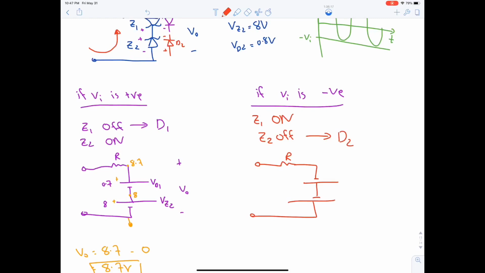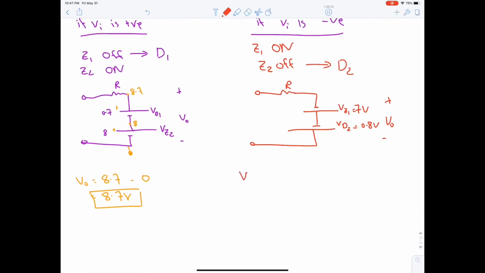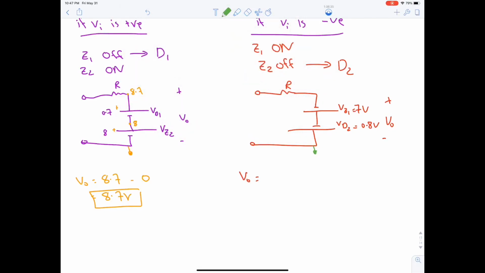So here we are having D2, which is equal to 0.8. This is VZ1, which is 7 volt. So the output will be, let's see, this is 0. The sign that is furthest from us is minus, so it's minus 0.8. Then we're having minus again, minus 7, so it will be minus 0.8 minus 7, hence minus 7.8 volt.